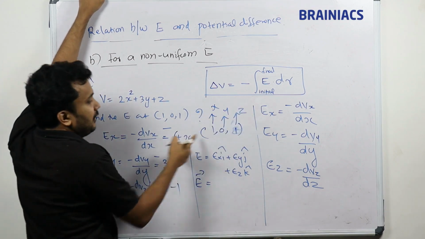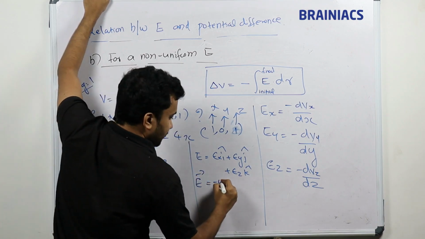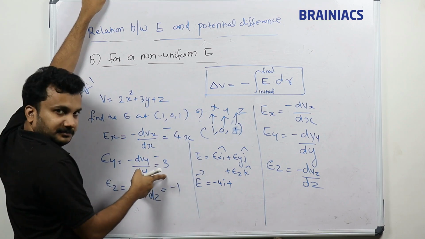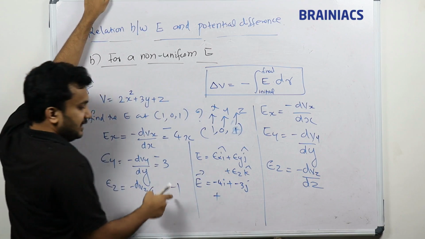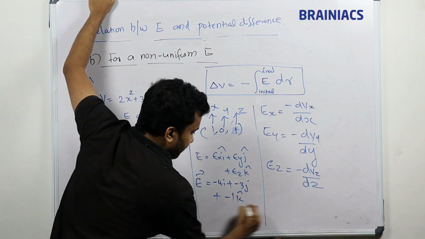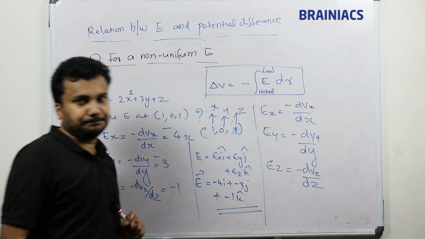I will substitute the value of x, y and z nothing will be there. So minus 4 into 1, so minus 4i, plus Ey, no need to apply, there is no y term, it's a constant. So minus 3j plus Ez, minus 1, so minus 1 into k cap. This is the final answer for the value of the electric field.